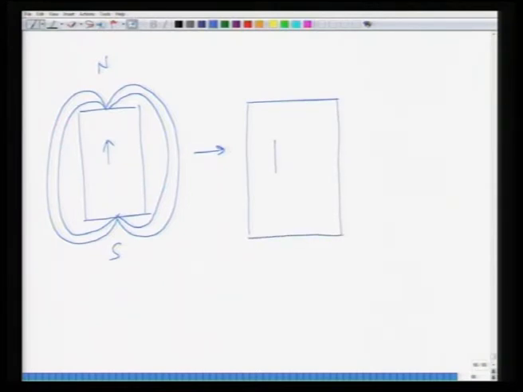So, let us say I have two regions of the material now, with one region spin up, one region spin down. Now I have this north, this south and this north. So now I can have the flux lines only on this side. So the surface flux density has gone down, which means the magnetostatic energy of the material has gone down.